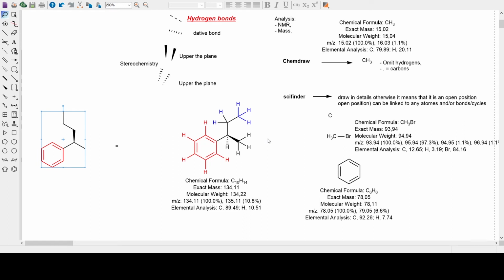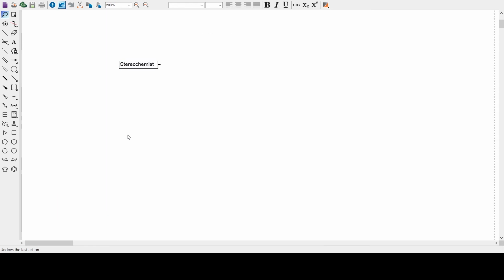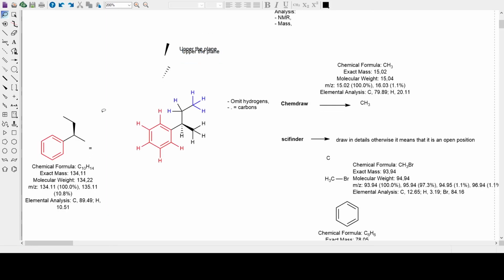You can add the stoichiometry. Here you have the stoichiometry, but it's a bit abusive here. Why is it not showing?